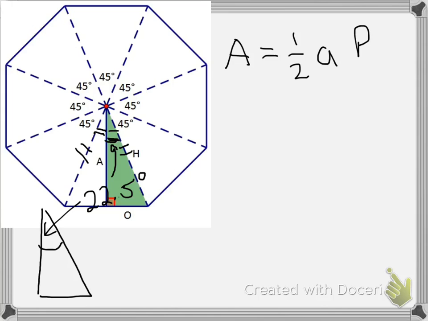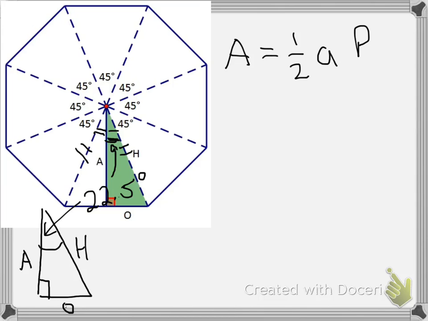Now, we know this is a right angle, so we can use some trig. And they already labeled it for us. This is the opposite. This is the adjacent. And this is the hypotenuse.